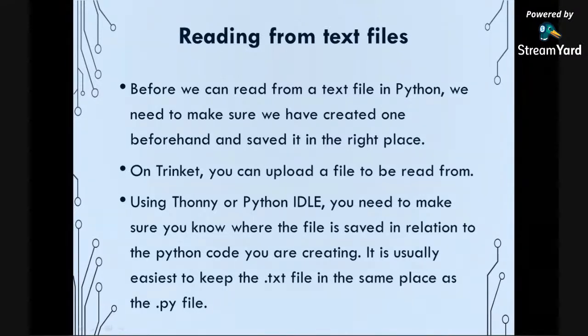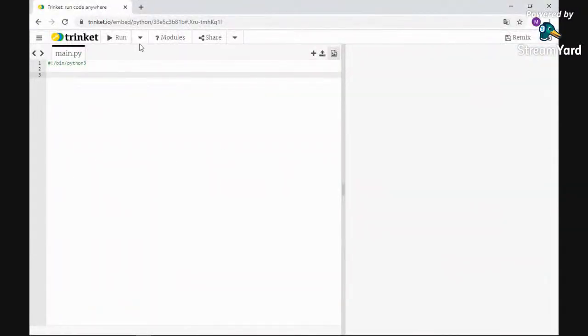But using Thonny or Python idle, you need to make sure you know where the file is saved in relation to the Python code you're creating. So I'm going to show you what I mean by this in a moment. It's usually easiest to keep that text file in the same place as that .py file, the Python file that you're working on. So I'll show you what it looks like in Trinket first.